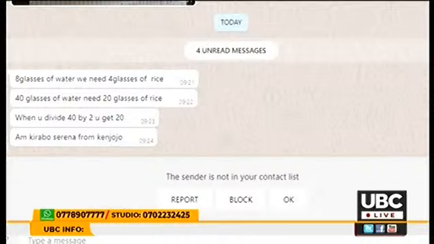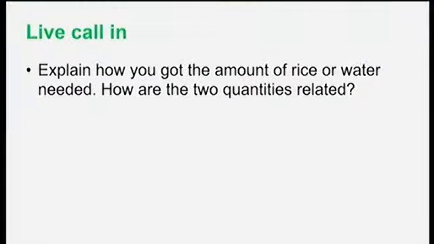That is also correct, and says when you divide 40 by 2, you get 20. Thank you, Kirabo, Serena from Chenjojo, for the contribution, and your answer is correct. Please send in more answers and show us how you get the answer.